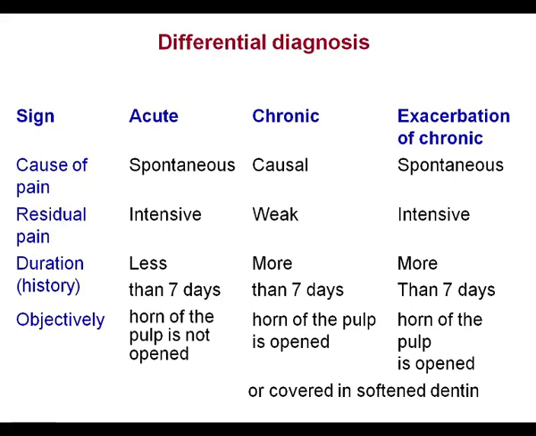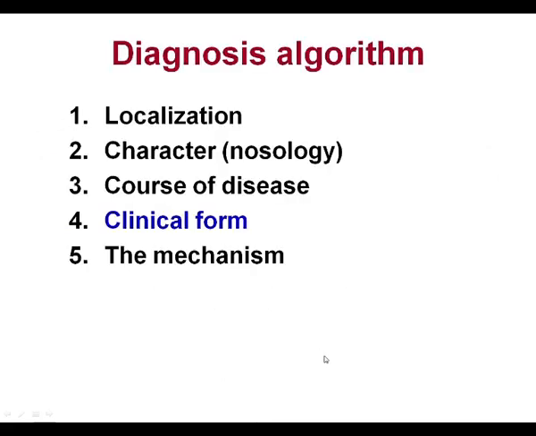Objectively, we have to search the bottom, and in acute pulpitis, the horn of the pulp is not opened. In chronic, the horn of the pulp is opened, as well as in exacerbation, but sometimes it may be covered with softened dentin.